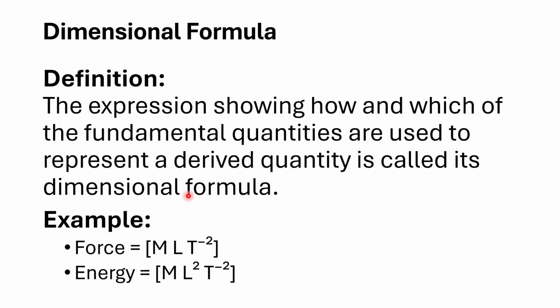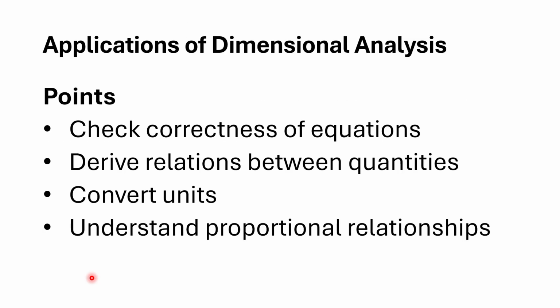It's called the dimensional formula. For example, for force we have the dimensional formula M L T to the minus 2. This is an example for energy as well. So this is the dimensional formula.